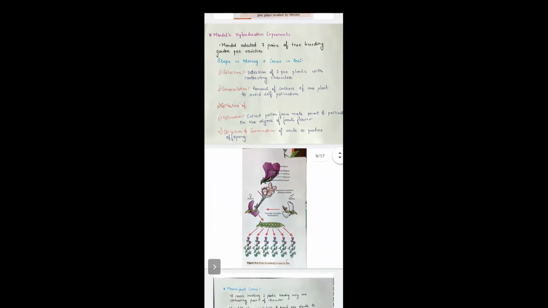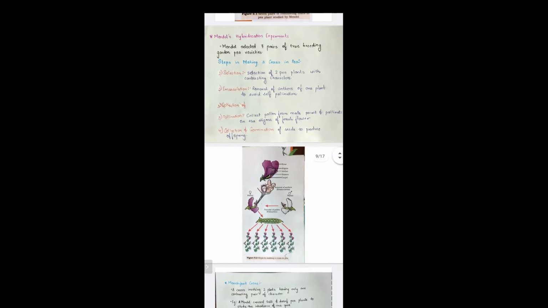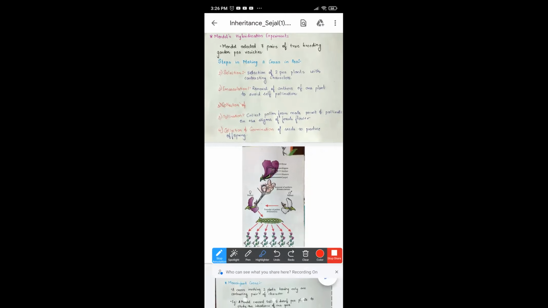Now we'll see how Mendel conducted his hybridization experiments. So Mendel selected 7 pairs of true breeding garden pea varieties.